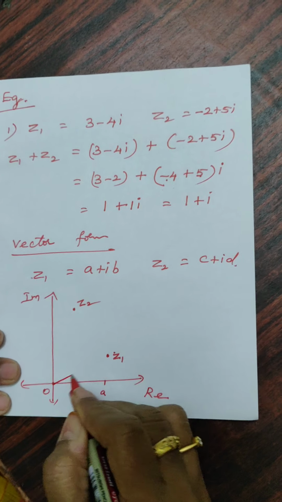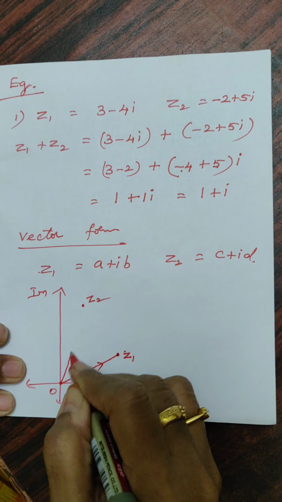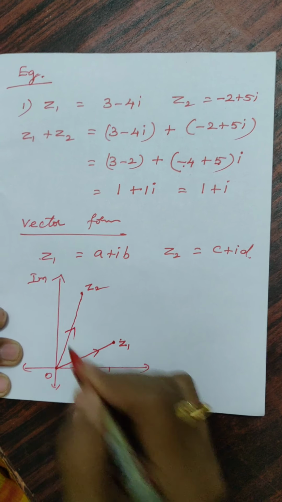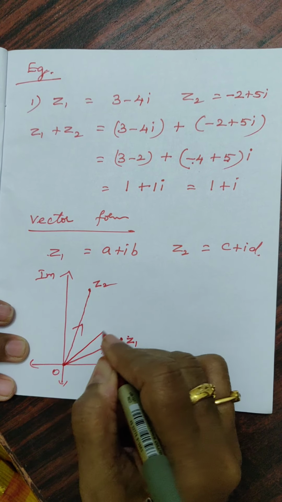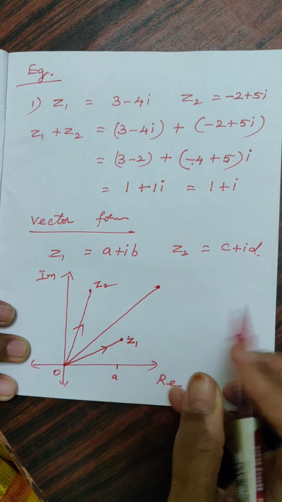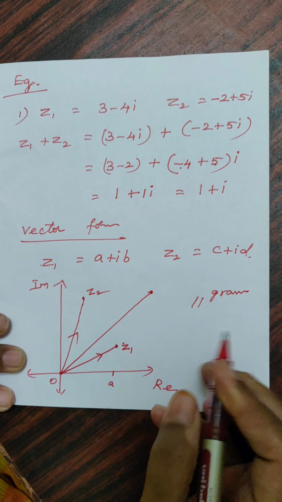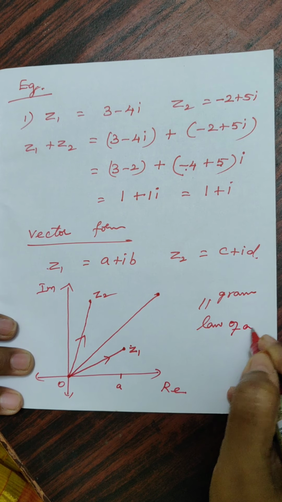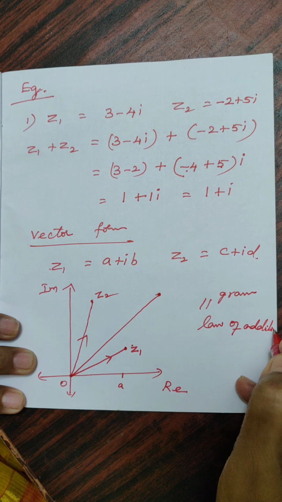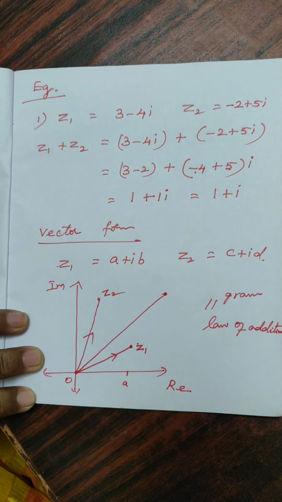In vector algebra, you know that OZ1 represents one vector and OZ2 represents another vector, and the resultant of these two vectors is given by the parallelogram law of addition. In vector algebra, we know this in 11th standard, and in physics also you have learned this. OZ1 is one vector, OZ2 is another vector.